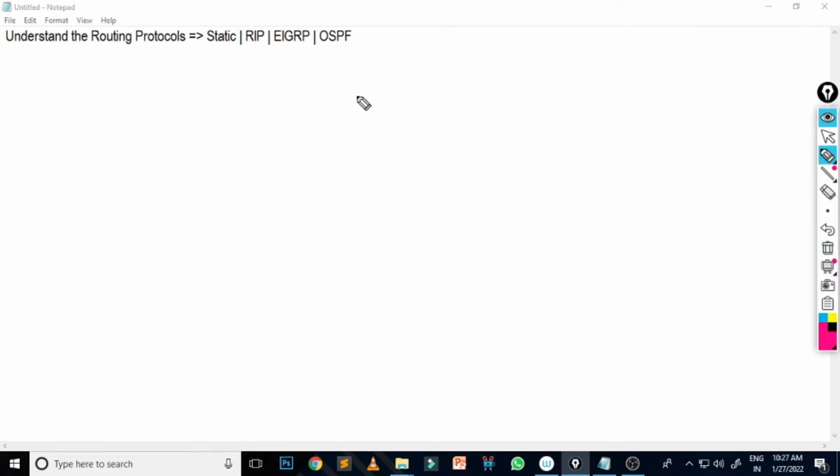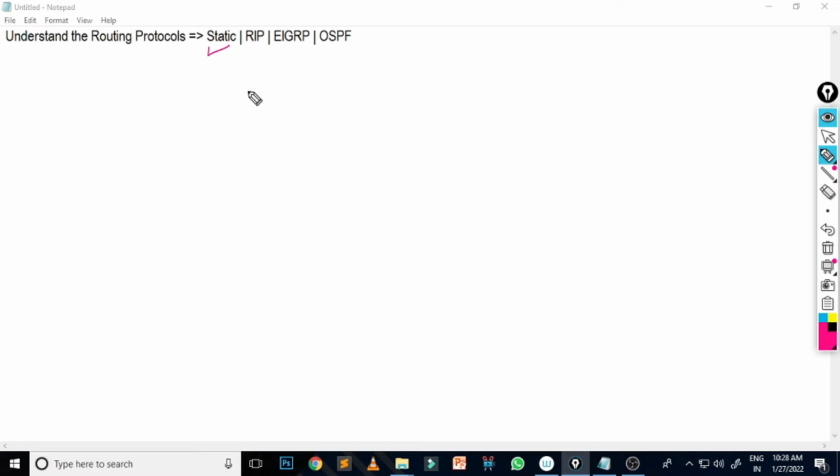So if you are an IT engineer and you want to configure static routing in your network, make sure your network is a small network. It should not be a medium or a big network, because the moment you start configuring on a big or medium network, you will get confused.